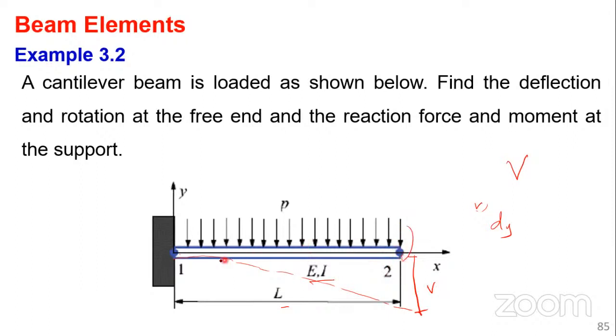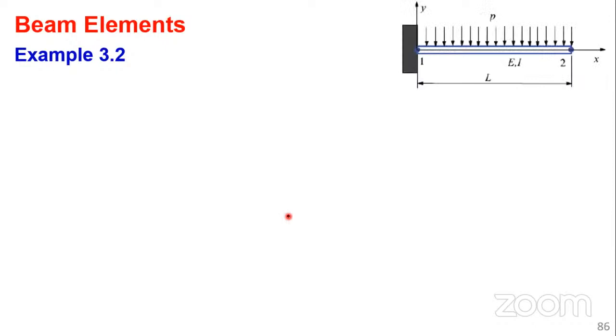moment at the support. Of course, at the free head, there can't be any moment. So there will be moment developing at this support. Okay. So the first thing is to resolve our applied loads, the uniformly distributed loads, using the work equivalence method to get the equivalent nodal loads.